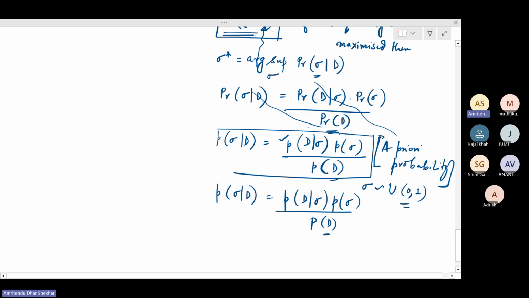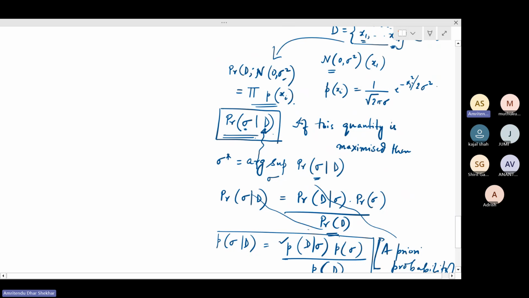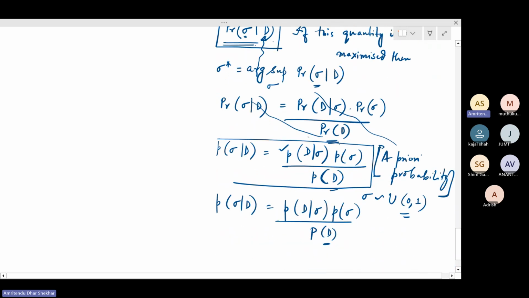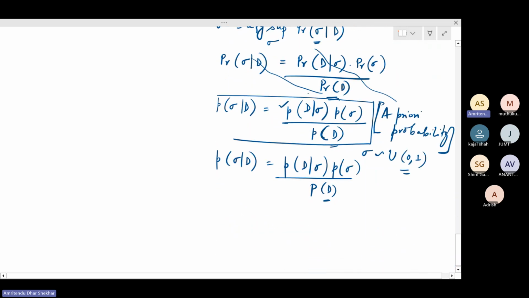Now, the problem that we have over here is to maximize this over sigma. In order to maximize it, what you can do is take a derivative of this quantity, set it to 0, and then study where the maxima lies. So the problem of computing the sigma for which this term is maximized amounts to studying the maxima of this term.